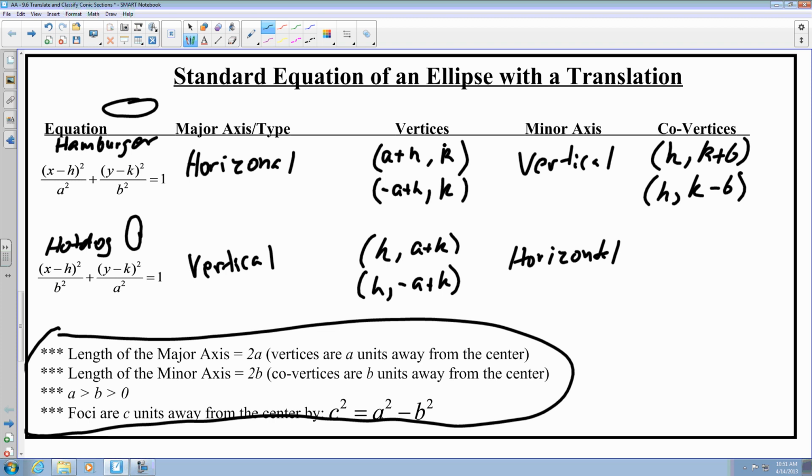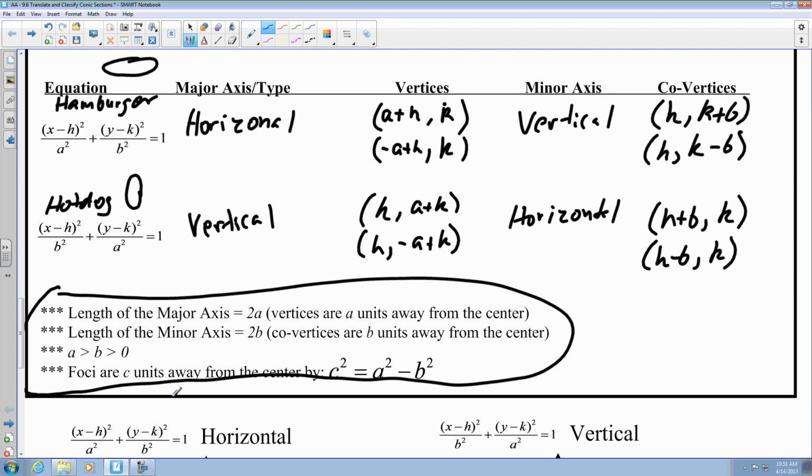And then our co-vertices will be at, what? H plus b comma k, and h minus b comma k. Still to find c, you still have to use c squared equals a squared minus b squared.